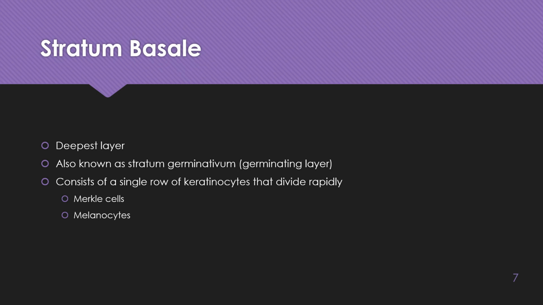And these Merkel cells are going to be highly concentrated in areas where we need a lot of detail about our touch. So, for example, in your fingertips, on your lips, those are going to be areas of high concentration of these Merkel cells because we have a higher perception of touch in these particular areas.